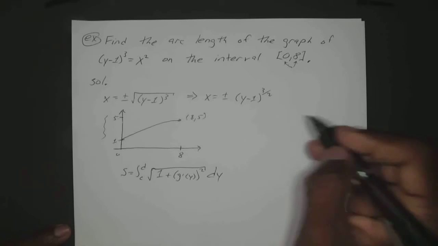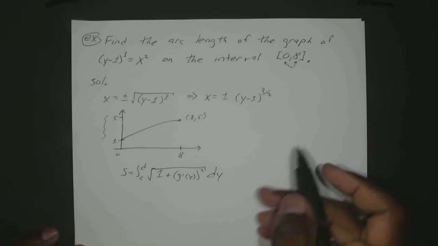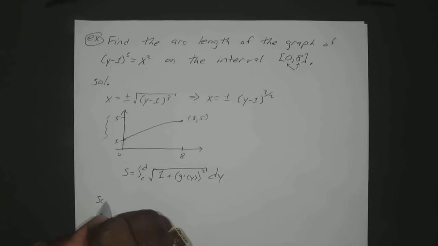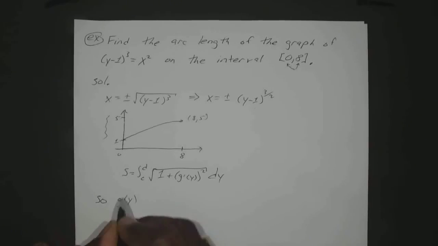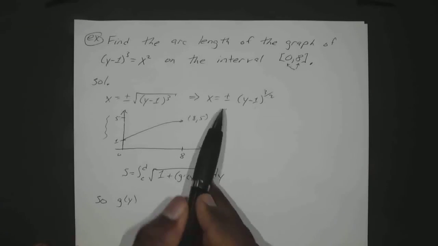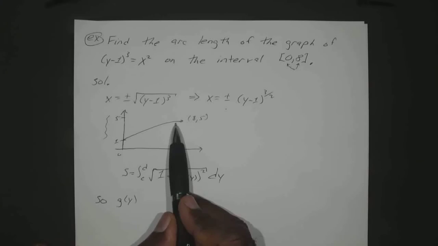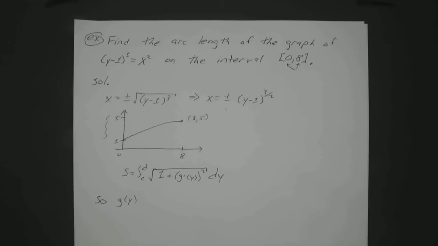Okay, so we have our g of y, which is just our x value here. So here we're only using the plus because from 0 to 8, this graph is positive. So we don't need the minus.